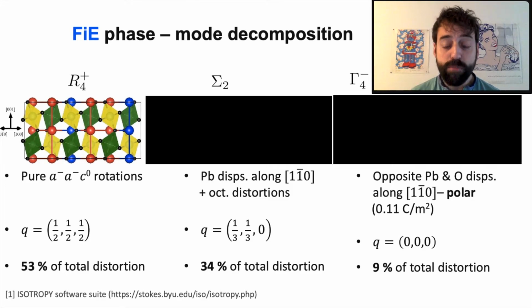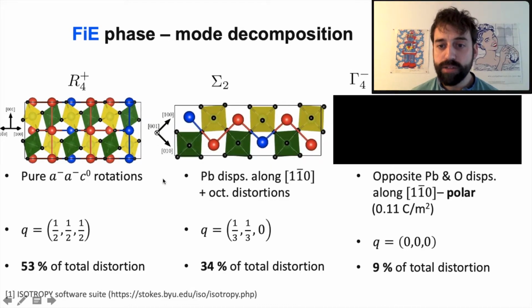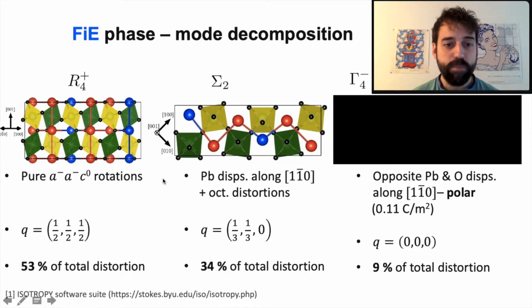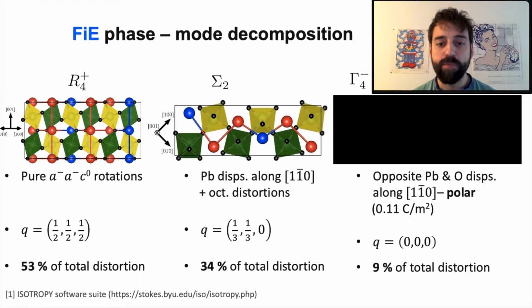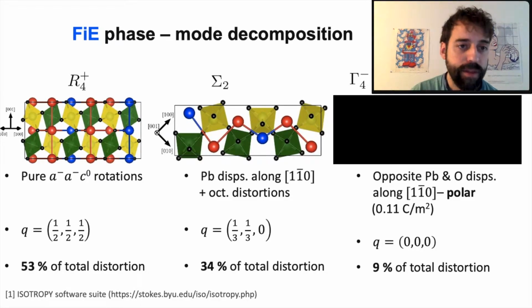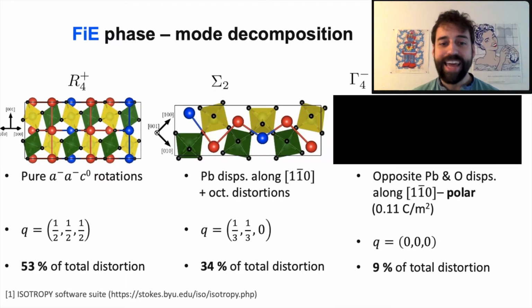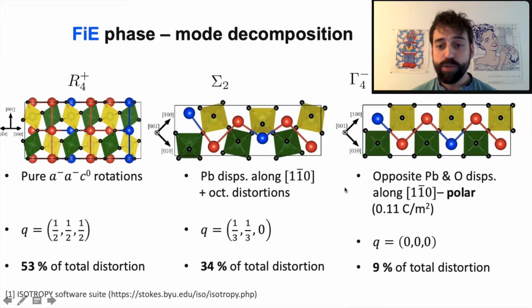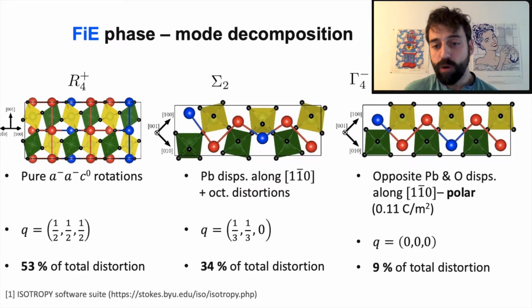The second most important distortion is the one in the center with Sigma-2 symmetry, and accounts for 34% of the total distortion and features antipolar lead displacements with a 2-down, 1-up modulation. We also find a gamma point mode accounting for 9% of the total distortion that is responsible for the onset of a net polarization, and we find two more minor modes that I am not showing here.